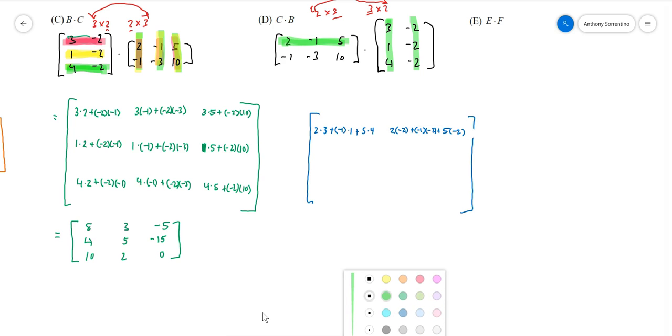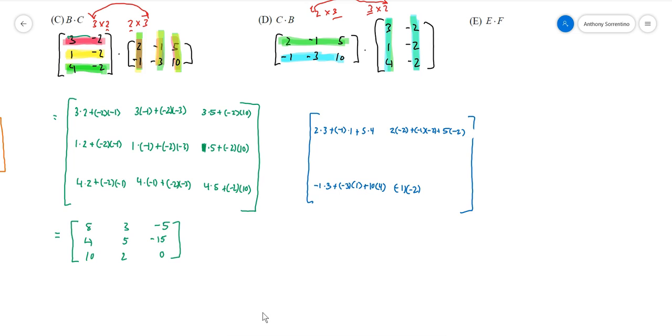I'm now going to do this row with this column. So I'm going to have negative 1 times 3 plus negative 3 times 1 plus 10 times 4. And then when I do this row with this column, I'm going to do negative 1 times negative 2 plus negative 3 times negative 2 plus 10 times negative 2.